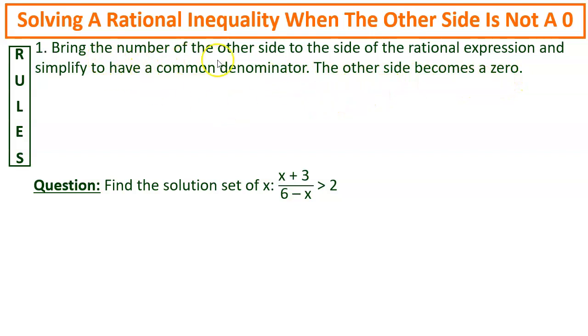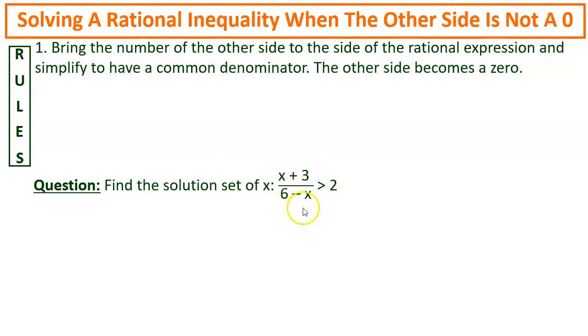I have written bring the number of the other side, that means bring this 2 to the left hand side. If you consider this to be meaningless, of course it is meaningless, and I have repeatedly said that this is just a shortcut form of seeing things. Actually what we are doing is adding negative 2 to both the sides. If we add negative 2 to both the sides, the right side becomes 2 minus 2 equal to 0 and the left side becomes (x plus 3) over (6 minus x) minus 2.